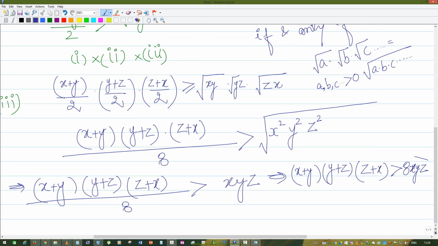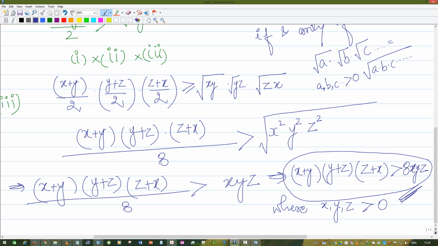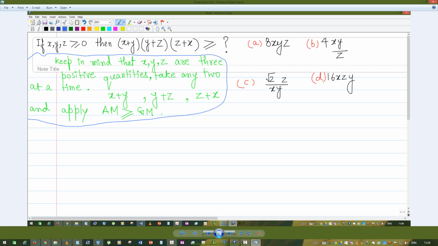We just proved that (x plus y)(y plus z)(z plus x) is greater than 8xyz, where x, y, z are strictly greater than 0. So in the question, option A is correct: (x plus y)(y plus z)(z plus x) is greater than 8 times xyz.